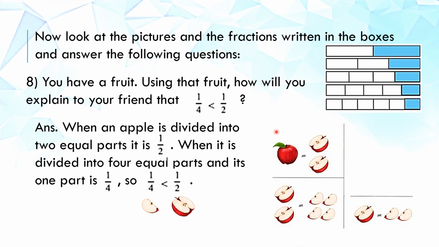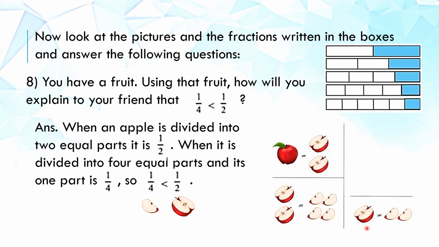Students, here is a whole apple. Okay. If we divide into 2 equal parts, we get 2 halves. If this half is divided into 2 equal parts, both the halves will divide into 2 equal parts, we will get 4 quarters.